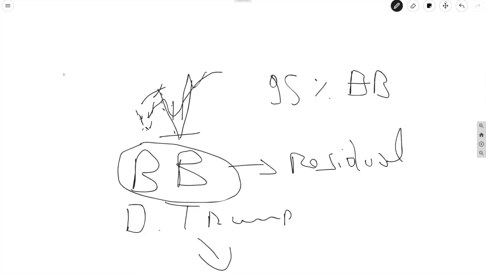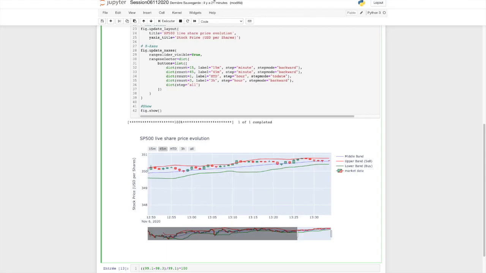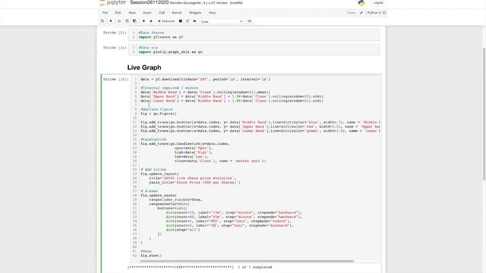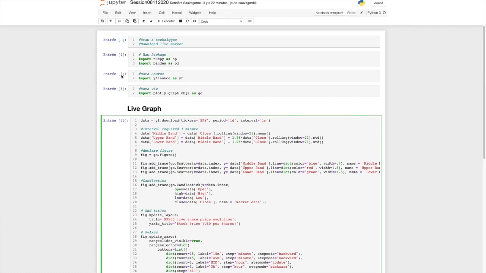This was just a session to show you how we can capitalize on what we learned previously in the class, how you can implement your first trading strategy, and how you can start making money for yourself. For instance, if you want to buy shares, draw your Bollinger Band and think: is it the right time to buy, or should I wait?